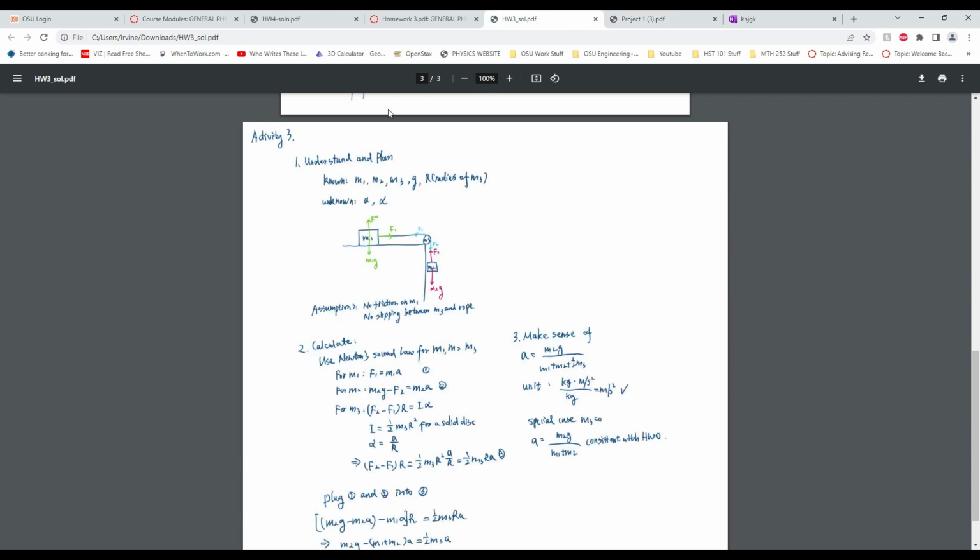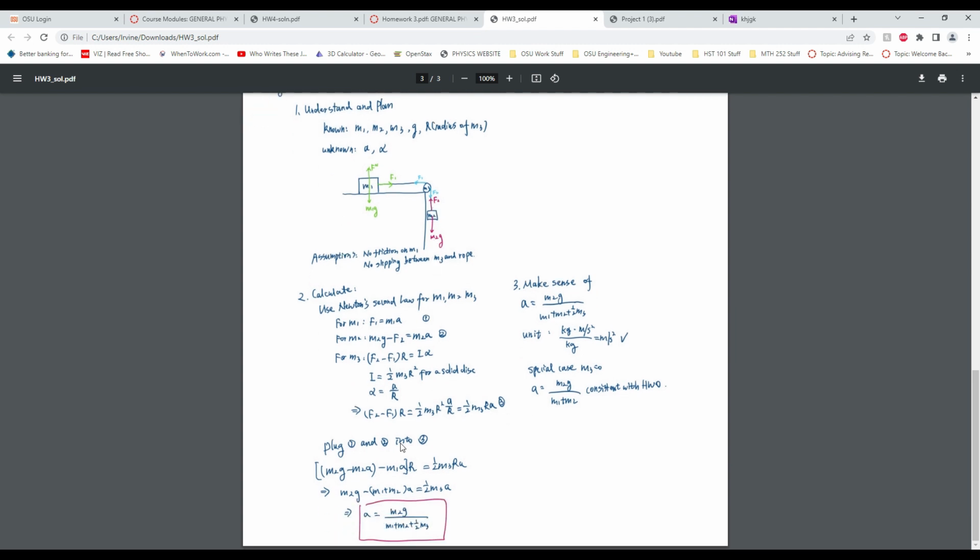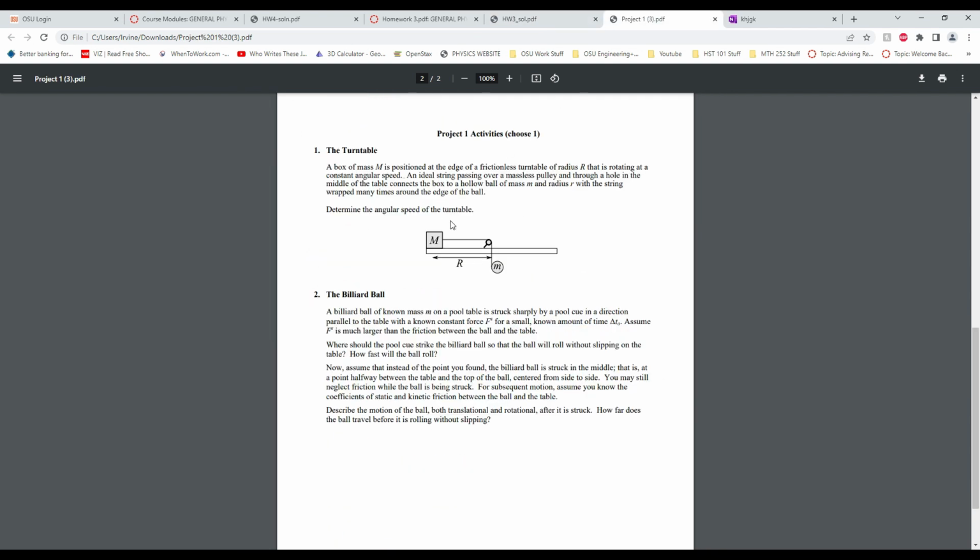The main difference is that in homework 3, we did not need to calculate moment of inertia. We didn't have to do that much for that, but we had to do it a lot more for our project because it is also rotating around.